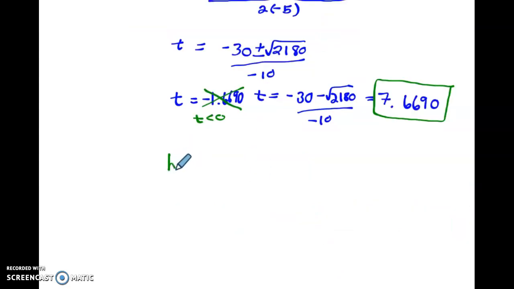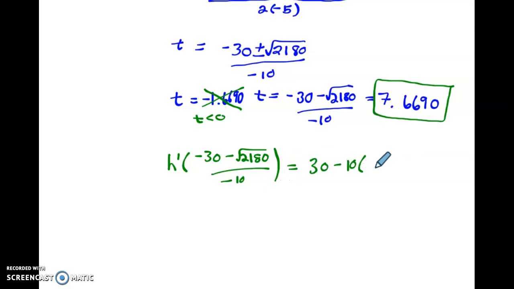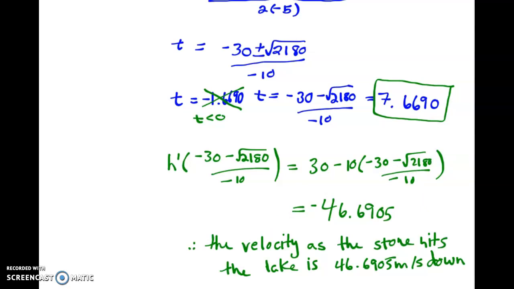So we want to find the velocity at that time. So we're going to plug in the negative 30 minus the square root of 2,180 over negative 10. And when we plug that into our first derivative, we get negative 46.6905.